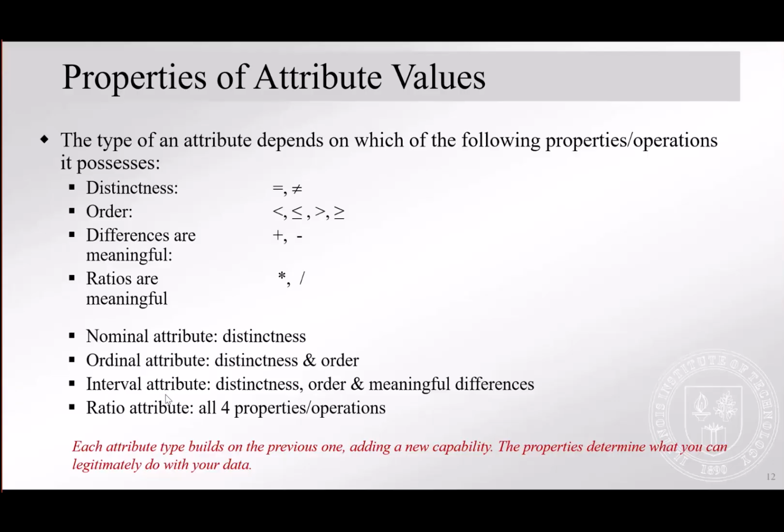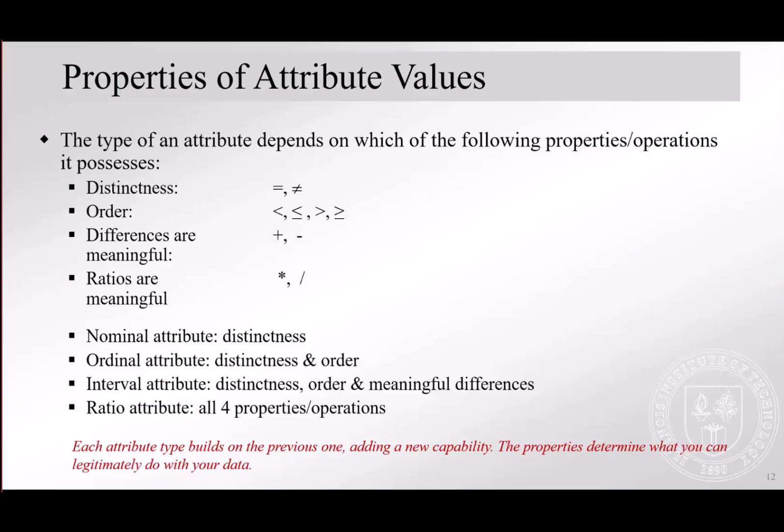Interval attributes have distinctness, order, and meaningful differences. You can add and subtract. The difference between 20 degrees and 30 degrees is meaningful, but you cannot form meaningful ratios. A ratio attribute has all four properties: distinctness, order, meaningful differences, and meaningful ratios.